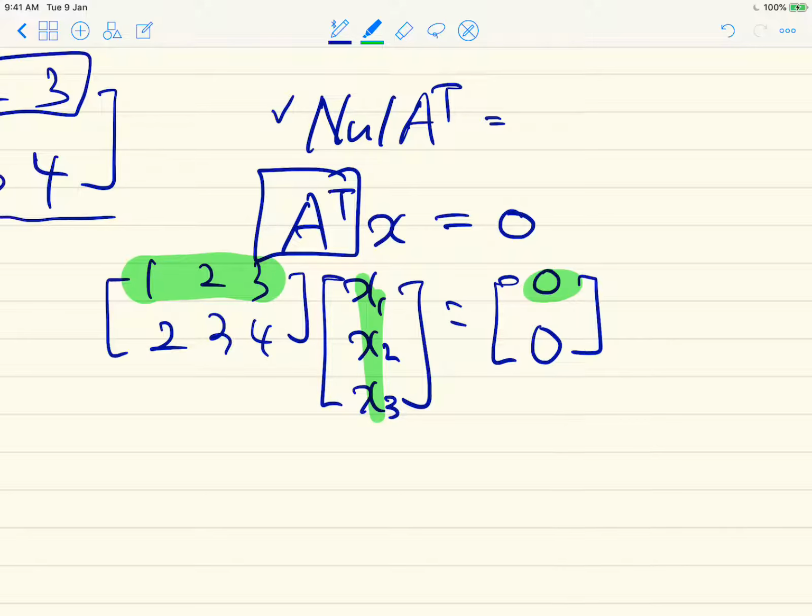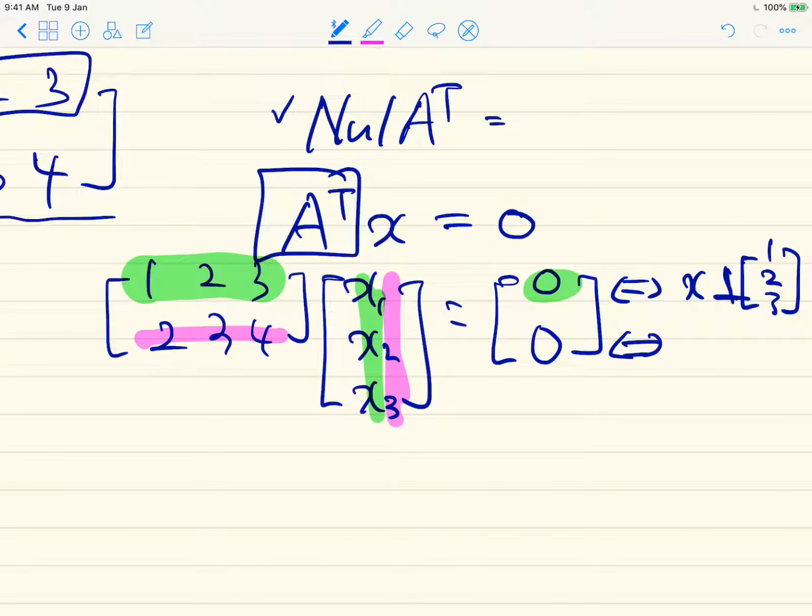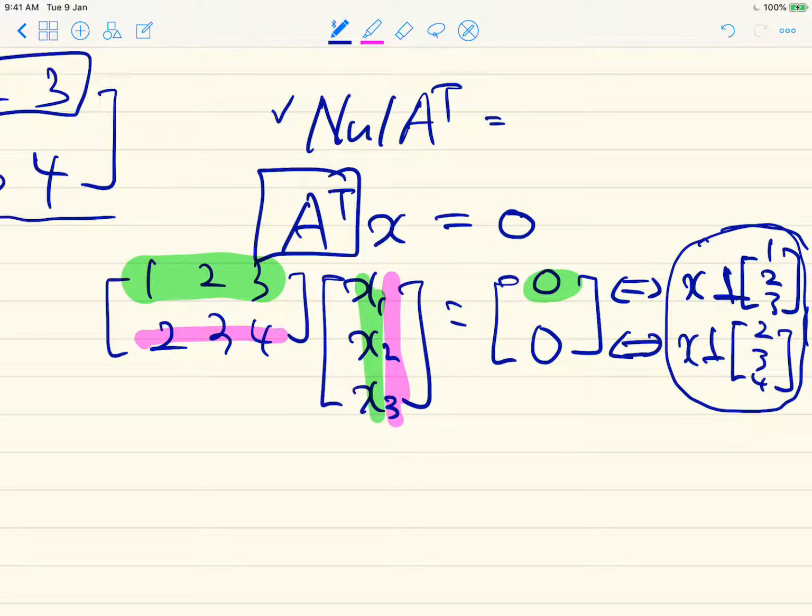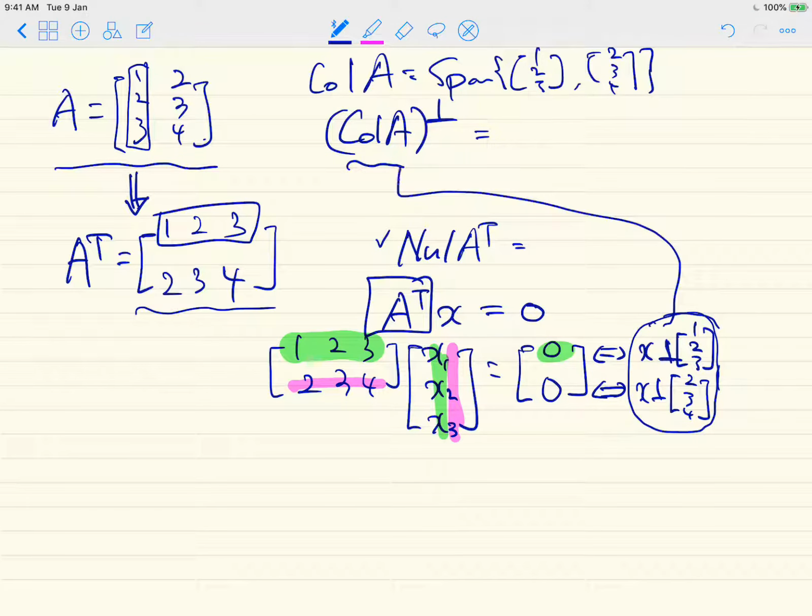So the first equation in this homogeneous linear system says x is perpendicular to (1, 2, 3), right? And then what about the second equation? This second inner product should also be 0, right? So these two conditions are exactly the same requirement to form our W perpendicular, right?